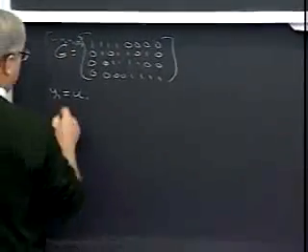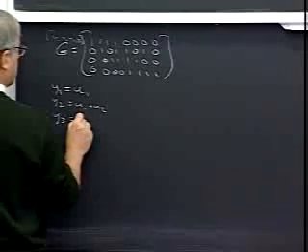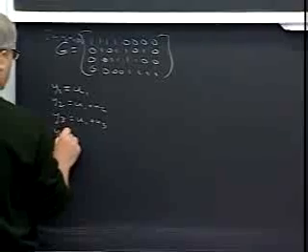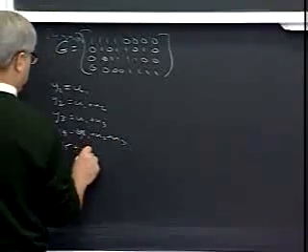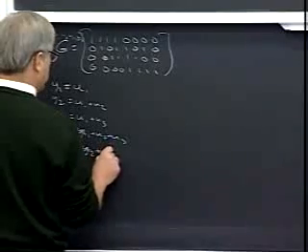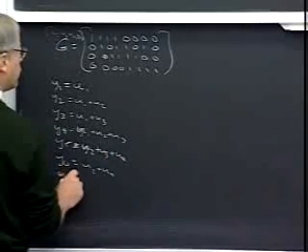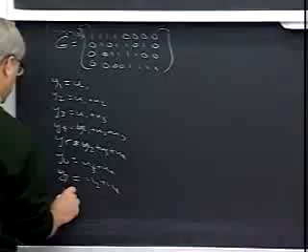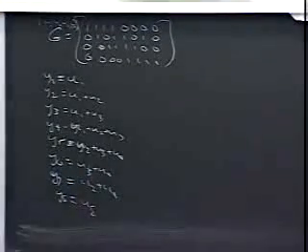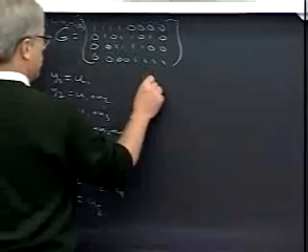So y1 is u1, y2 is u1 plus u2, y3 is equal to u1 plus u3, y4 is equal to u1 plus u2 plus u3, and so forth. y5 is u2 plus u3 plus u4, y6 is u2 plus u4, y7 is u3 plus u4, and y8 equals u4. And you will agree that the code is described: if I can find any pair (y, u) such that this is satisfied, then y is an element of the code.